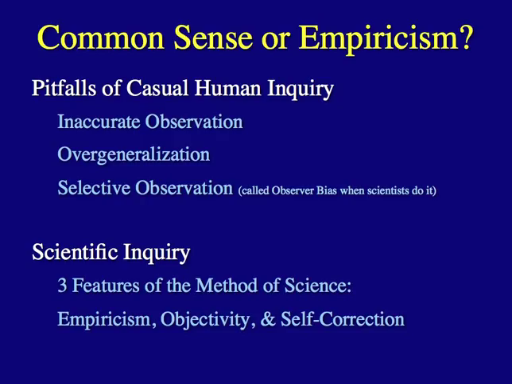Now, how does science or empiricism do it differently and do it better? Well, there are three features of the scientific method that help us more accurately observe the social world, more carefully analyze it, and come to more valid and trustworthy conclusions.